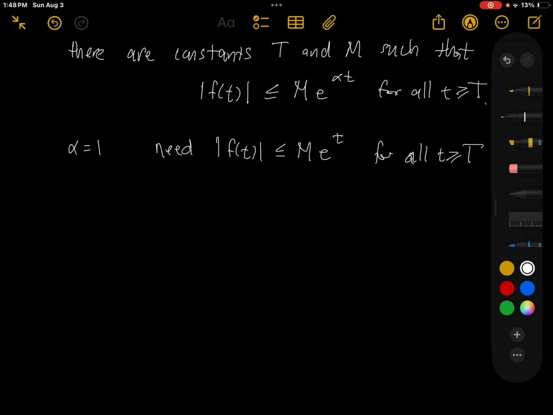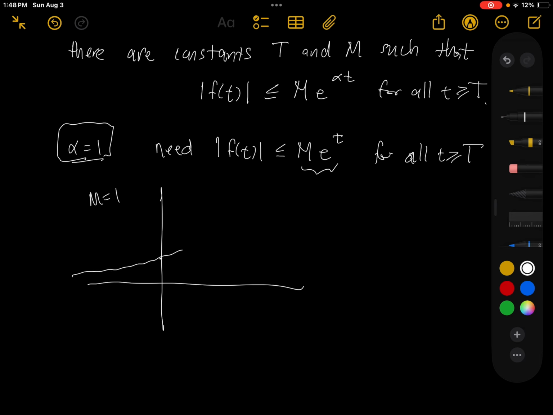So let's imagine a bunch of different capital M's and graph them. This is all using alpha equals 1. If M is 1, then this is just e to the t, which looks like that. If M is 2, then it's 2e to the t, which looks like that.